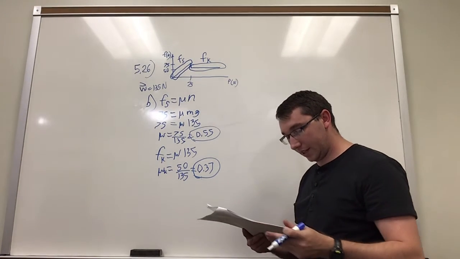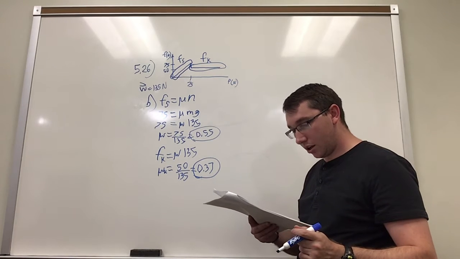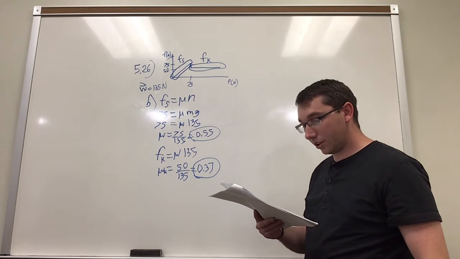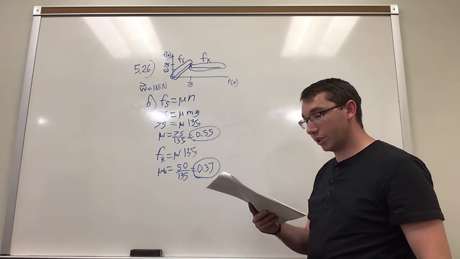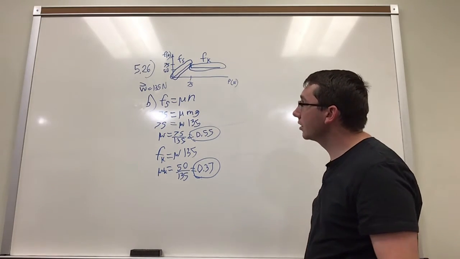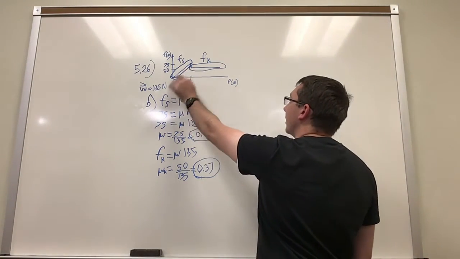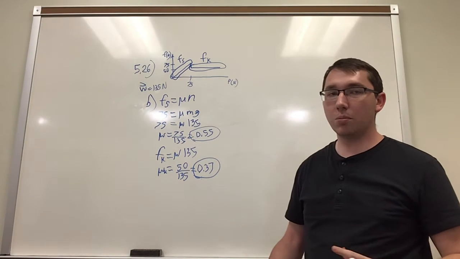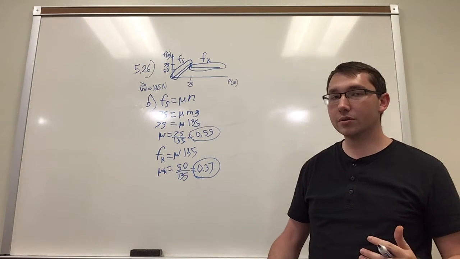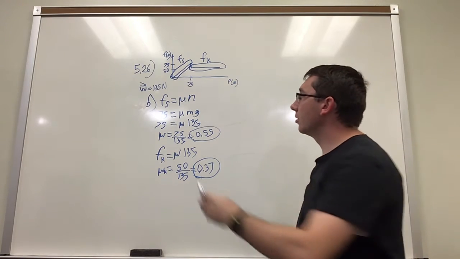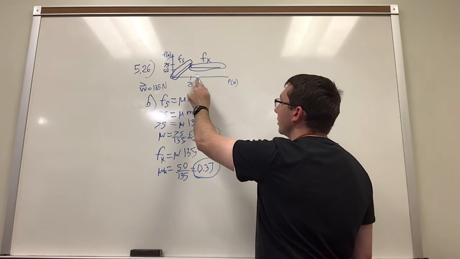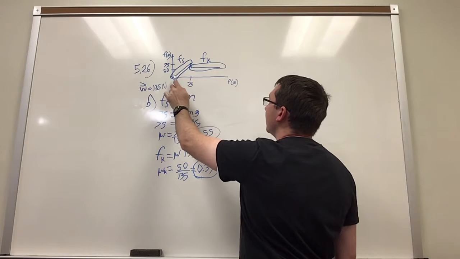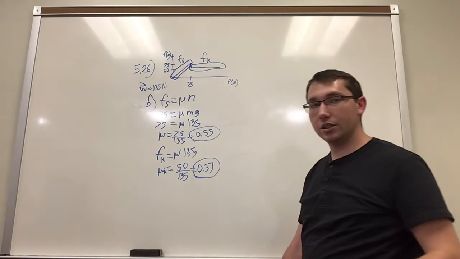The problem then asks, why does the graph slant upwards at first but then level out? So you have this slant here because as they're increasing the pull on the block, but before it actually moves, you're increasing the force that you're pulling with, and that is increasing the force of friction.